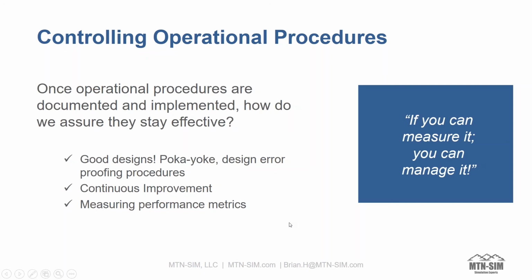But continuous improvement and having a set of performance metrics in place is going to give us the tools to make sure that when we start to lose throughput, when we're looking at our control chart, when we see that we are experiencing some low throughput hours and so on, we can minimize those. So when we come up with a set of performance metrics, this will be our next topic that we're going to cover, and that'll tie into our continuous improvement and tracking performance metrics along the way.